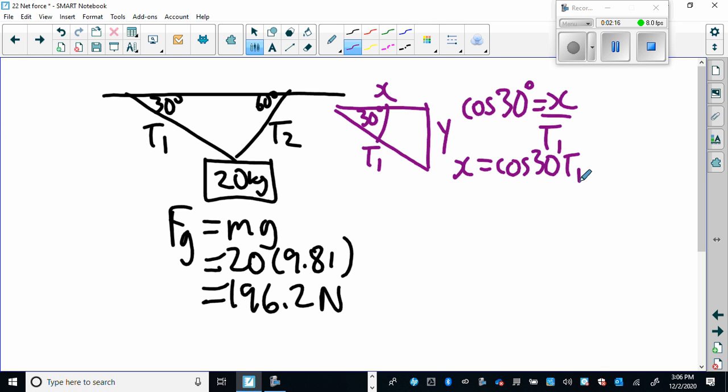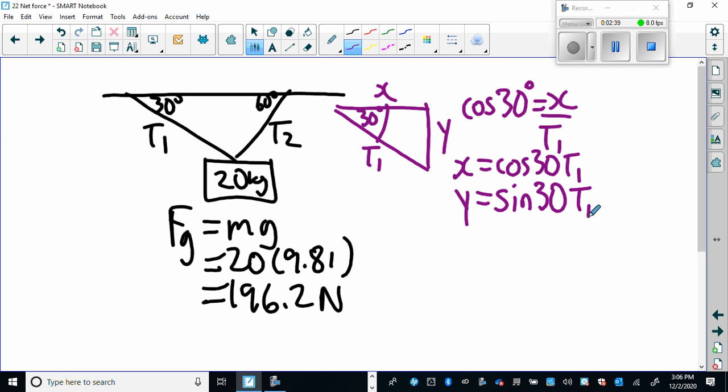All right, y is going to be the same. It's going to be the sine of 30 equals y over T1. Therefore, I'm just kind of skipping steps here, y equals sine 30 T1. All right, so we have expressions, and both of those expressions have T1 in them.